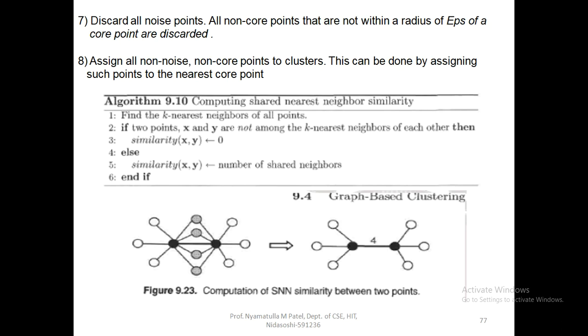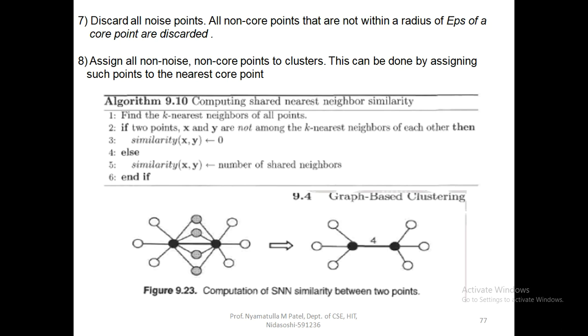When you have eliminated all the noise points, you are left with non-noise, non-core points. This can be done by assigning each such point to the nearest core point. So, find which is the nearest core point, and assign all these non-noise, non-core points to it.